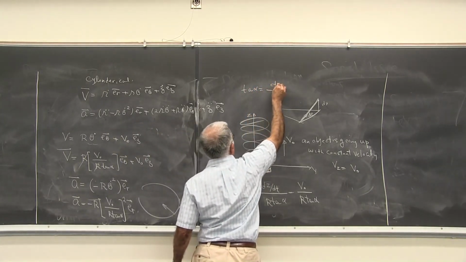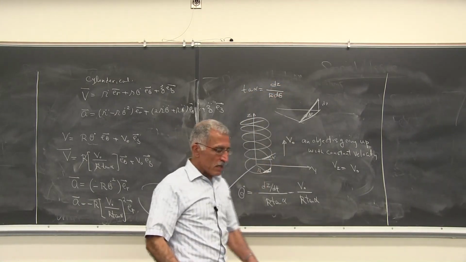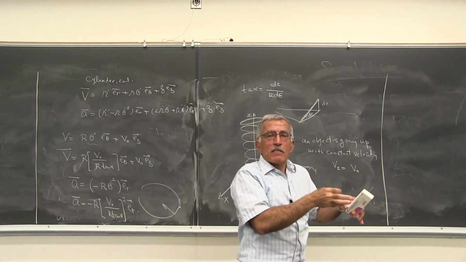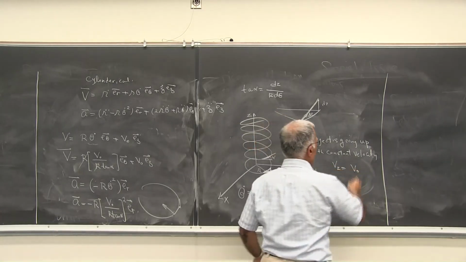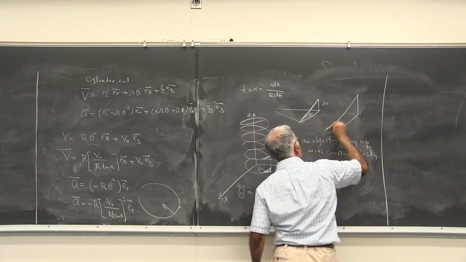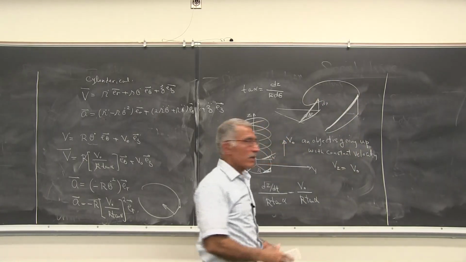If I'm going around the circle and at the same time I go up, then your path is here. So you went around the circle, you went up, that's the path. So your spiral is like this. You follow what I'm saying?